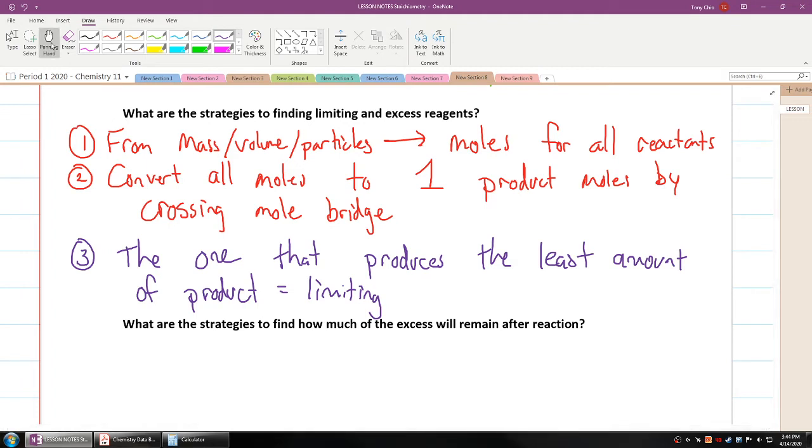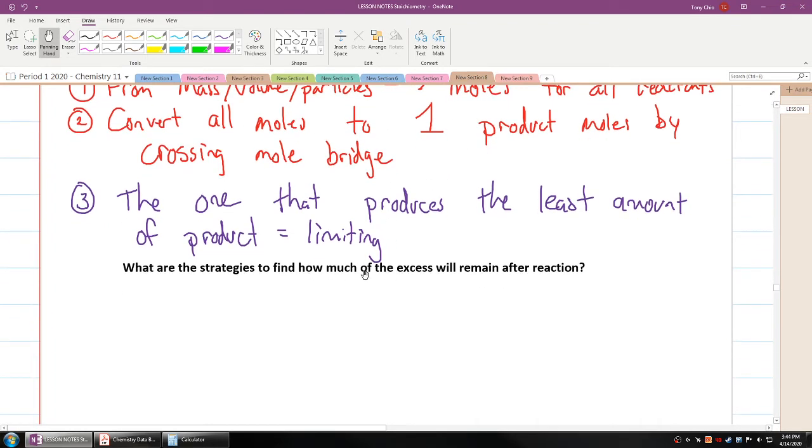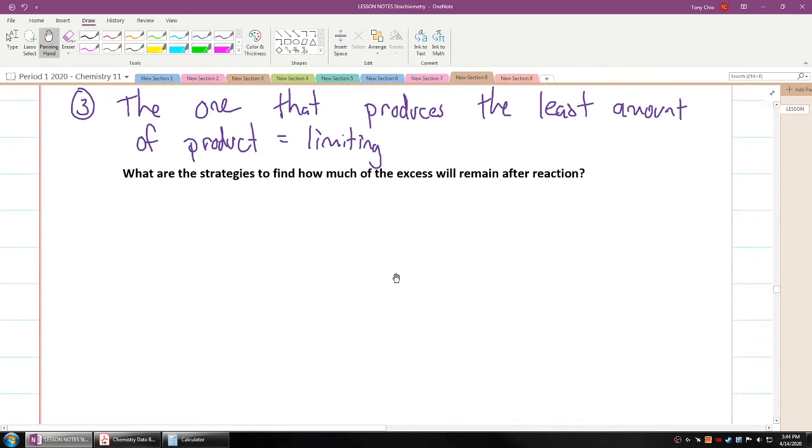These are the 3 steps to find what is limiting and excess. How do you find how much of your excess will remain after the reaction? How would you find what will be left over after your reaction is completed?